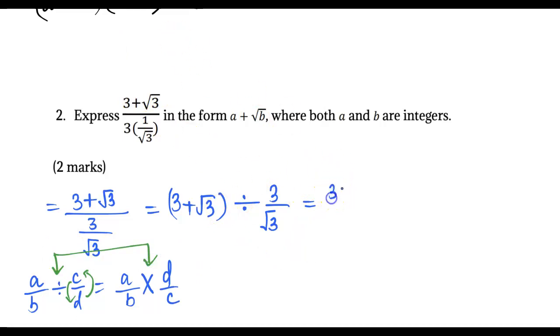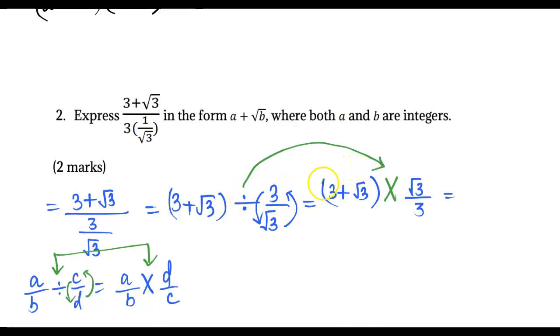So it would be 3 plus root 3 times root 3 over 3. I flipped it upside down. Does that make sense? Why is this flipping taking place? Because we are changing the symbol from division to multiplication.